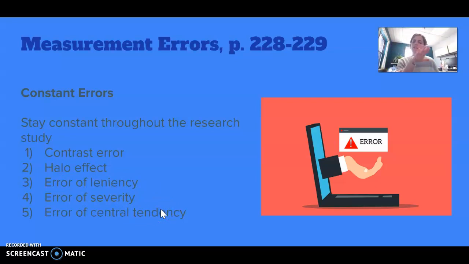So error of leniency is gravitating towards positive answers. Error of severity is leaning towards negative or bad answers, and the error of central tendency is living right in the middle, not really wanting to deviate from that and go to one extreme or the other. These are just characteristics that might be present. If these do occur, you want to address it and try to figure out how to make accommodations to reduce some of these measurement errors.